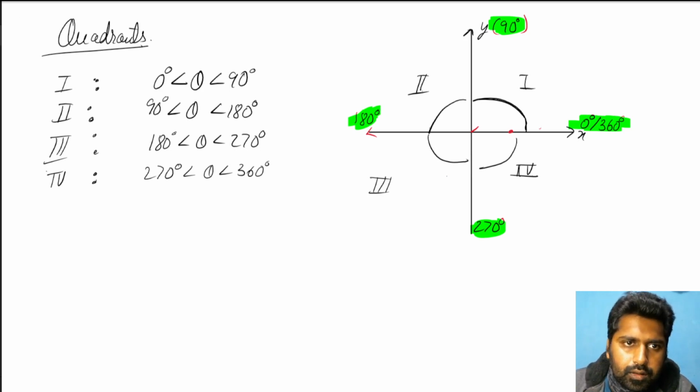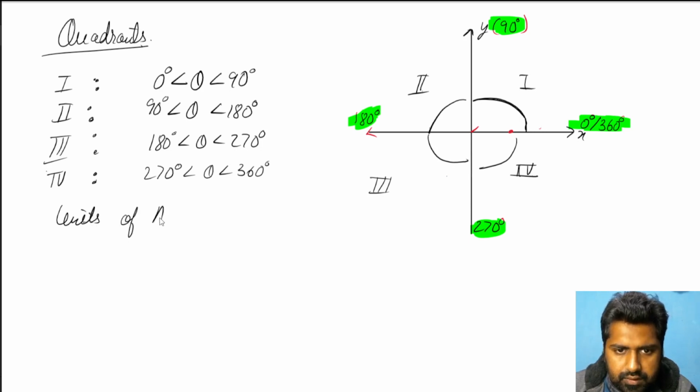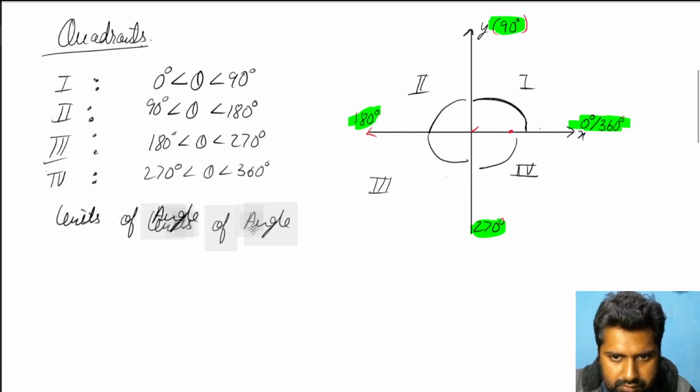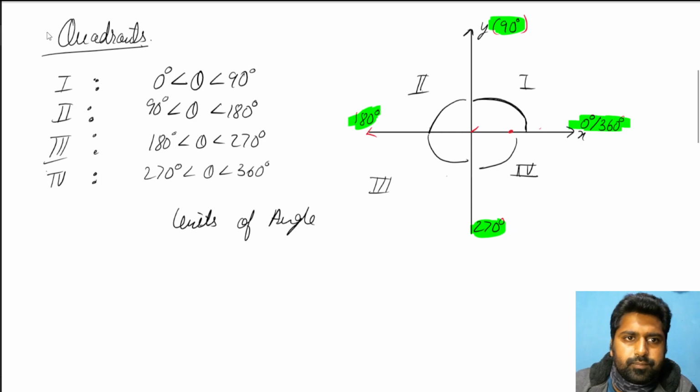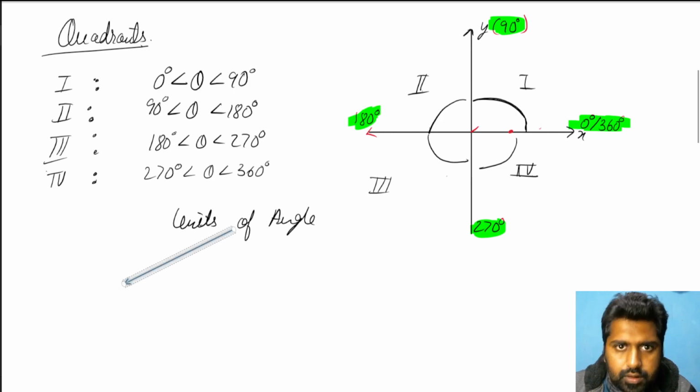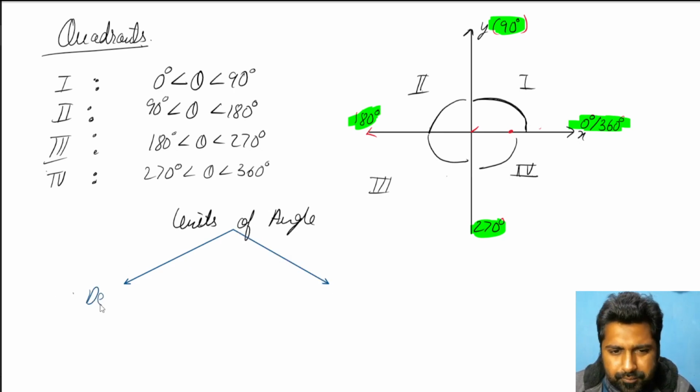All right. Now let's talk about units of angle. So we have two systems. One that you already know, degree.